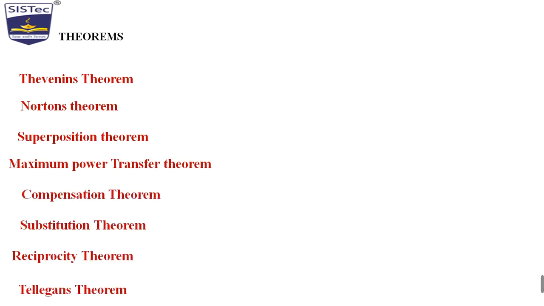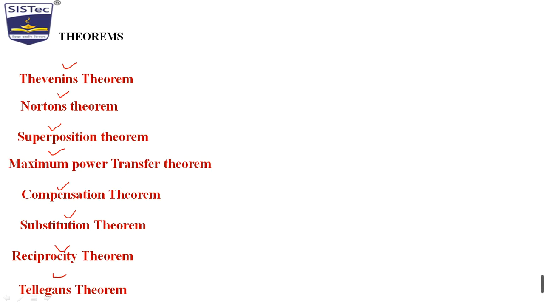So many theorems, students, you have studied: Thevenin's theorem, Norton's theorem, superposition theorem, maximum power transfer, compensation, substitution, reciprocity, and Tellegen's theorem. All these seven to eight theorems I have marked till now.